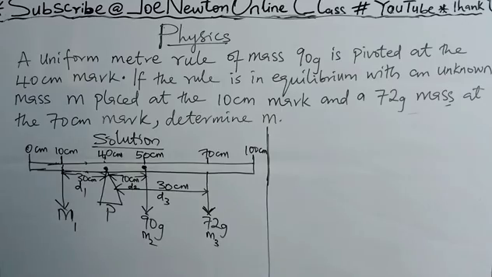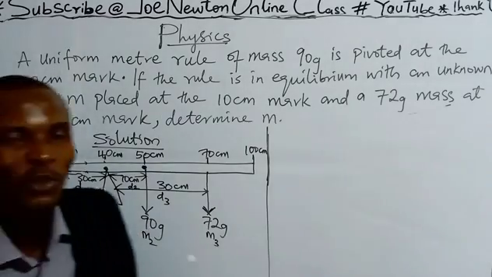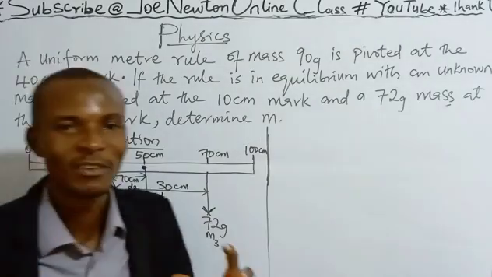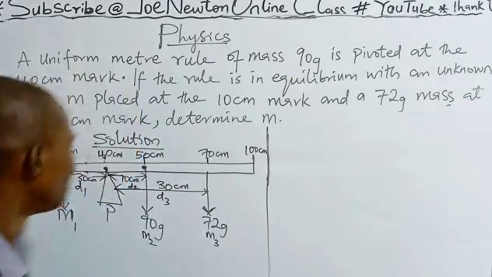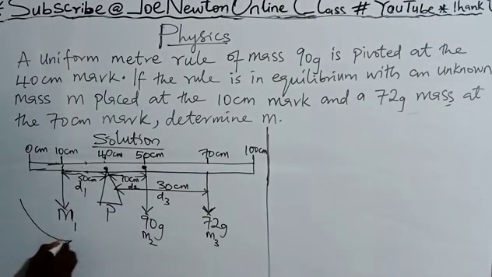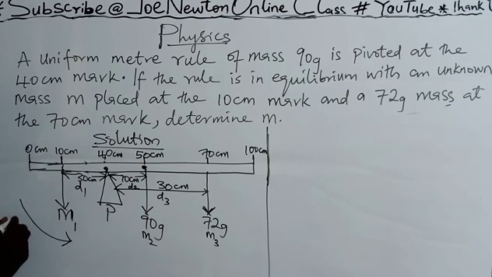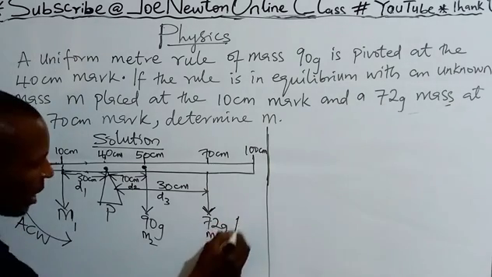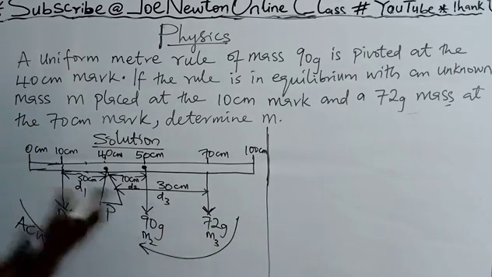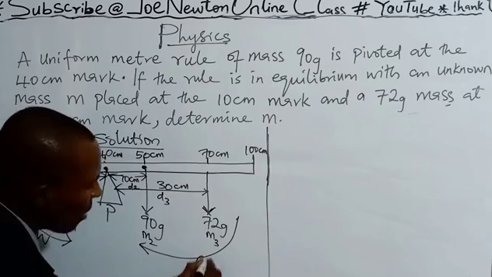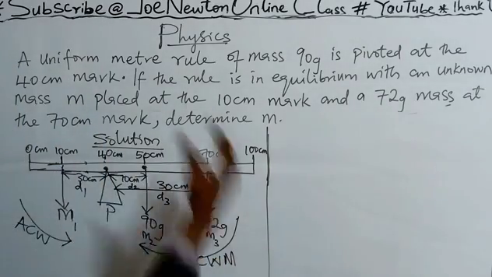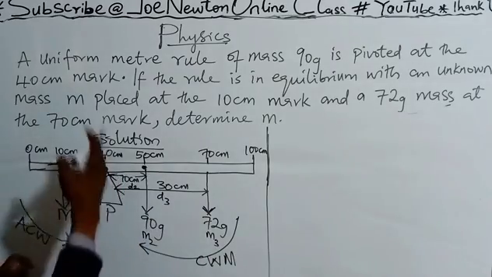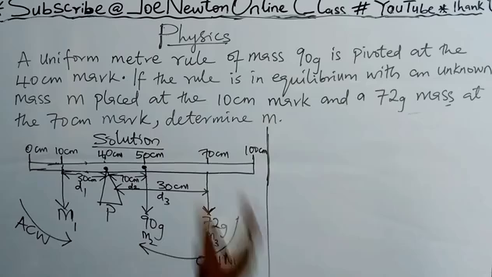Then we progress. The next thing is to take the moment of the forces, with the masses acting as the forces, about the pivot P. Here is the anti-clockwise moment, while this side, keeping it in equilibrium, is the clockwise moment. So you see it has left and right. The pivot is the demarcation, the turning point.